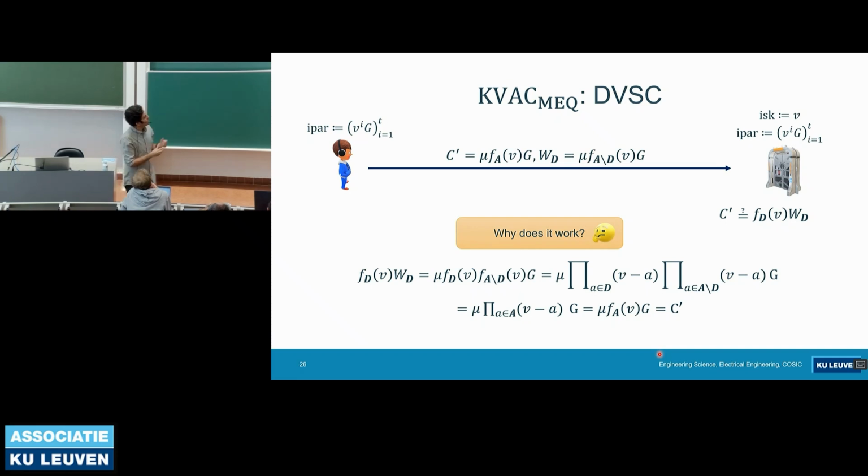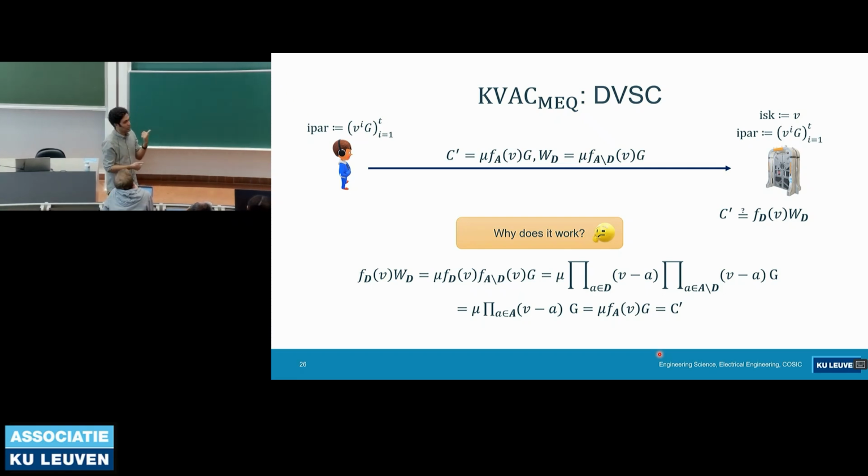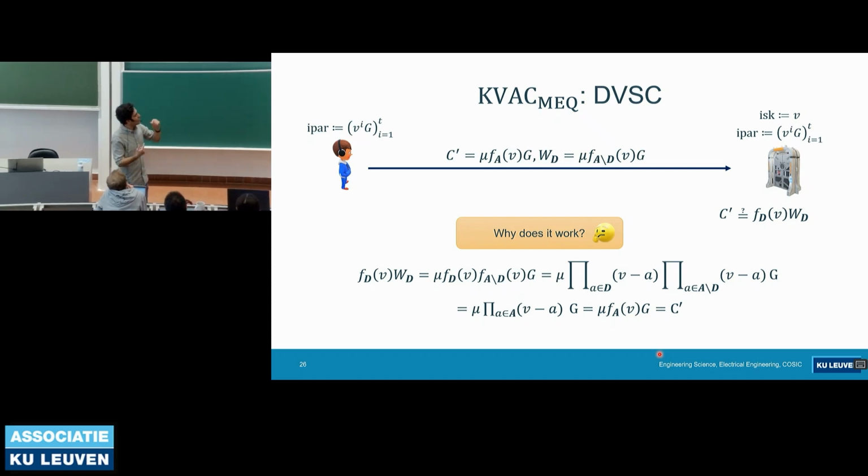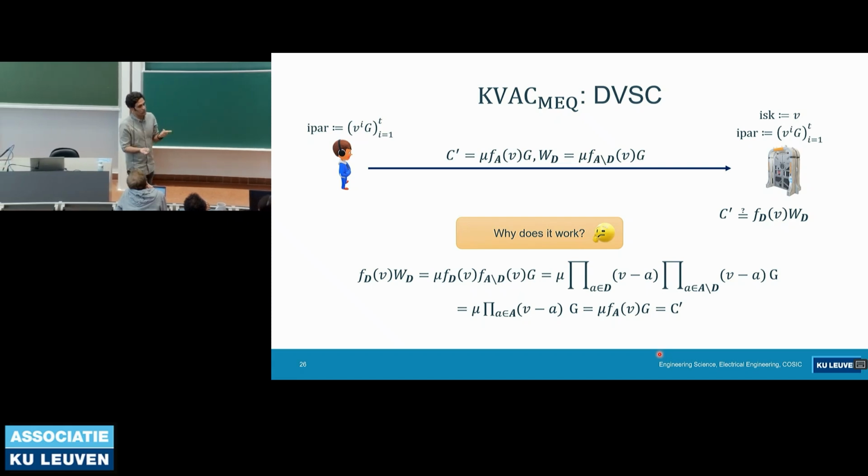And the thing that the verifier needs to do, because the verifier knows about D, and he also knows about V, he can compute f of V for set D multiplied by WD and see whether it is equal to C prime or not.